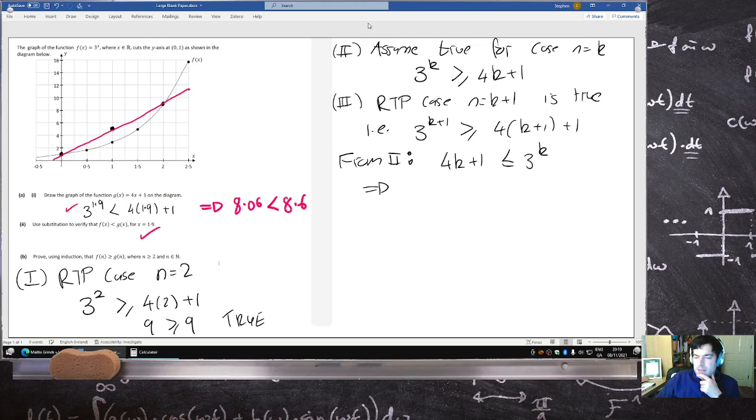If we multiply both sides by 3, we get this, which then is 12k plus 3 less than or equal to 3 power k plus 1.